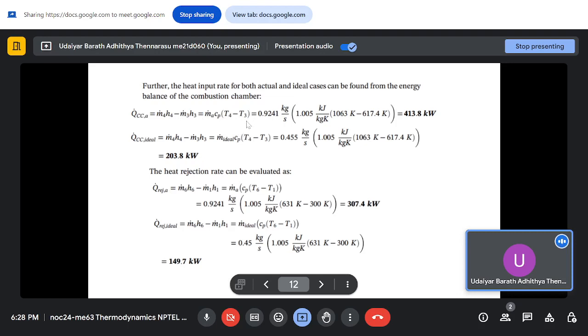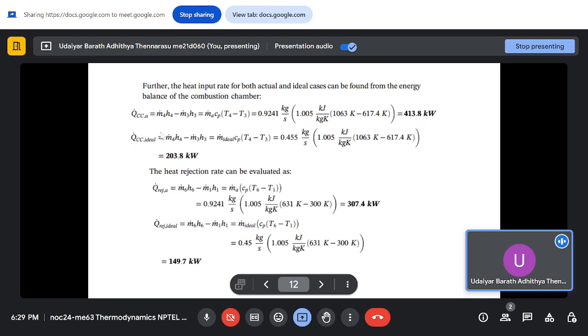So we have found the actual mass flow rate is 0.9241, into 1.005 is the Cp, into your temperatures 1063 minus 617.4. So this will give me 413.8 kilowatt. You see, this is the heat which is added.